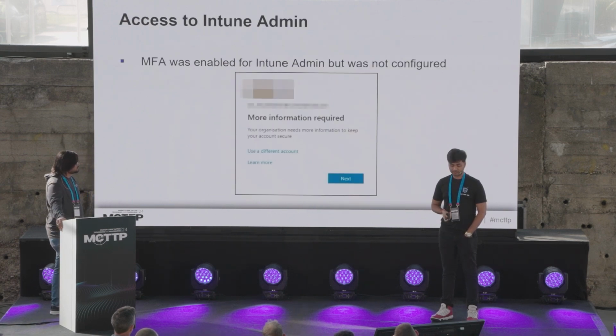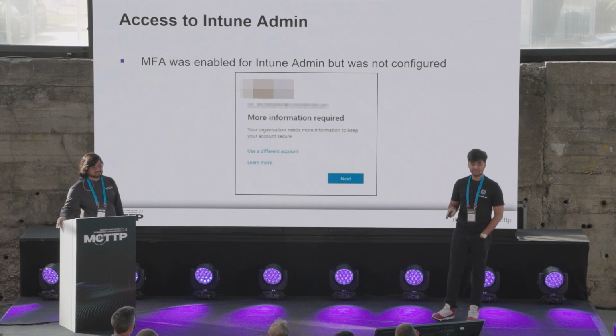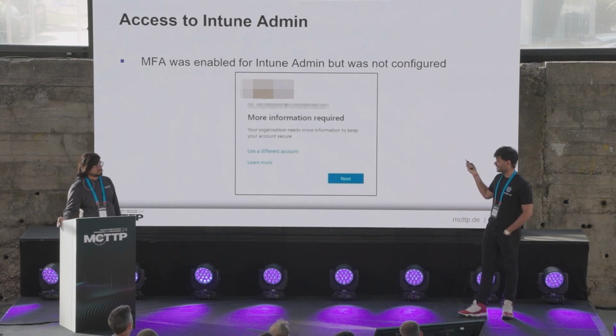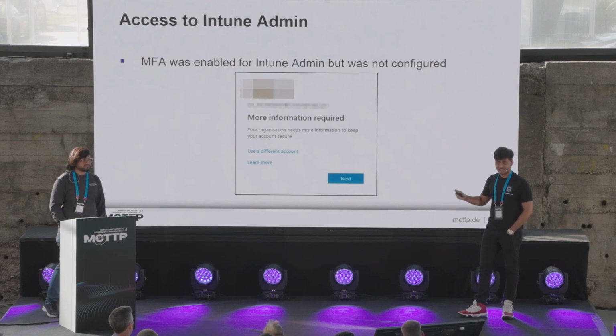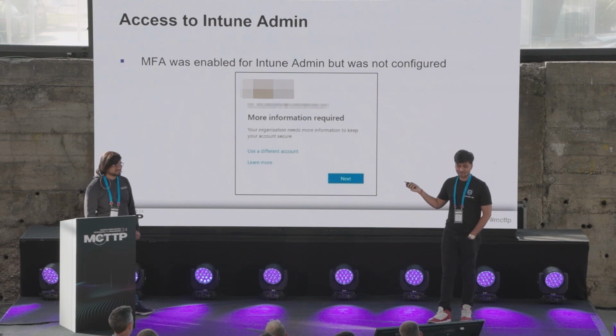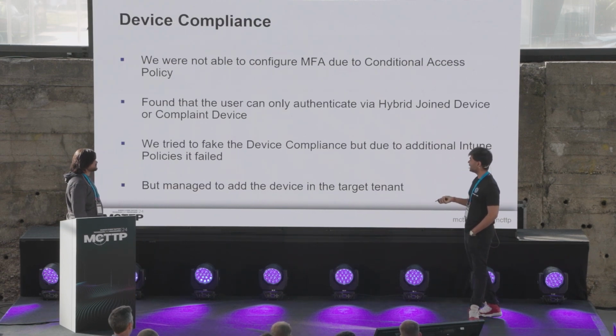Additionally, we found one credential which was actually an Intune admin, and when we tried to log in, it asked us to set up the MFA. MFA was not yet set up, and we got a question asking would you like to set up the MFA. Once we tried to do that, we had an issue.